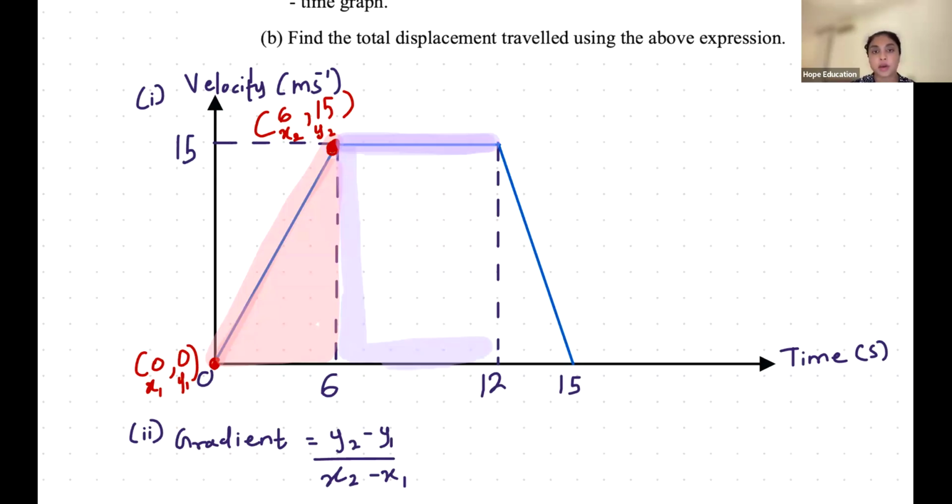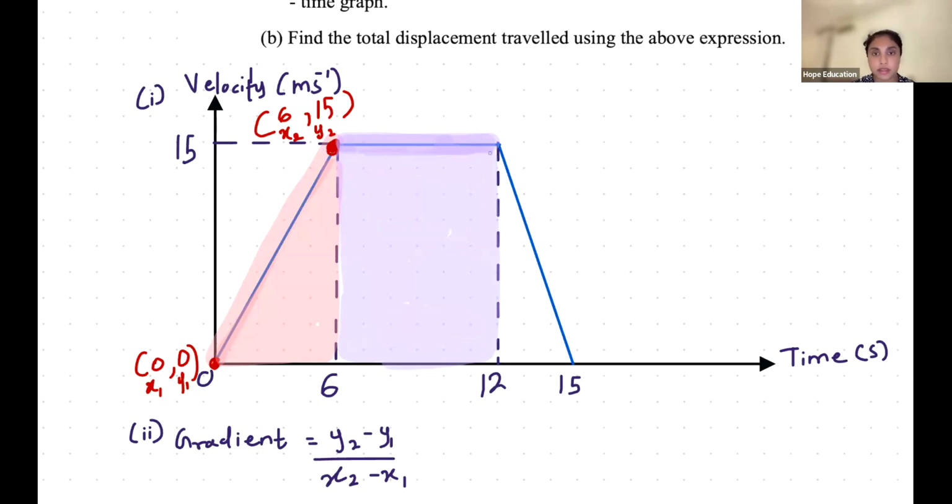What is this shape now? Lamai, what is this shape? Rectangle. And the area of a rectangle is length into breadth.